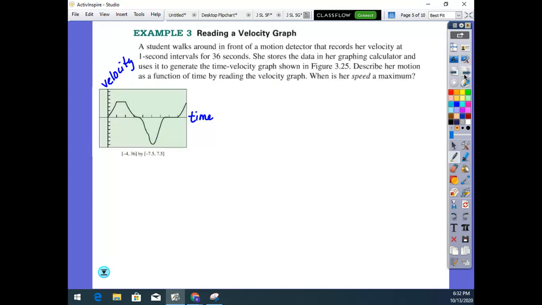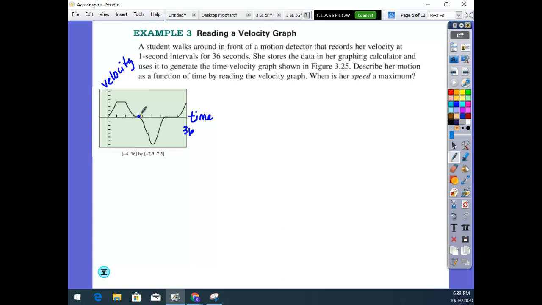Okay, so reading a graph. A student walks around in front of a motion detector that records her velocity, that's up and down, at 1 second intervals for 36 seconds. She stores data in her graphing calculator and uses it to generate the time velocity graph shown. Describe her motion as a function of time by reading the velocity graph. So let's first recall what it means if velocity is positive or negative.